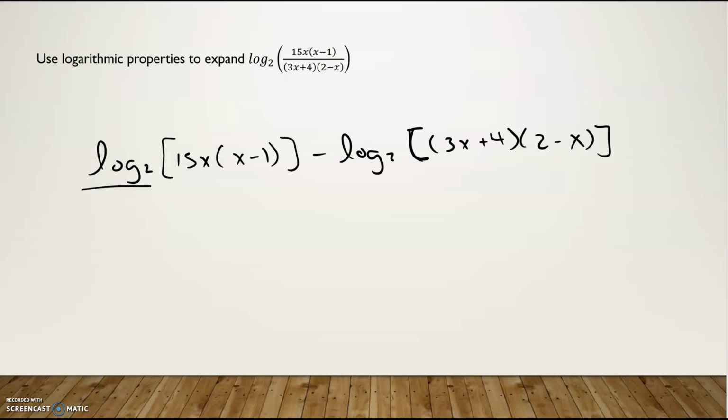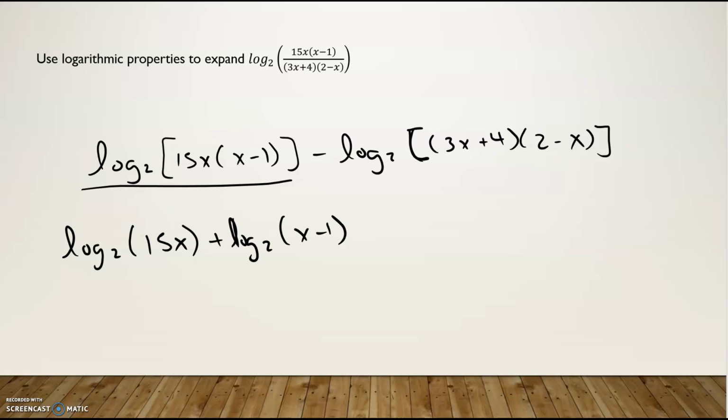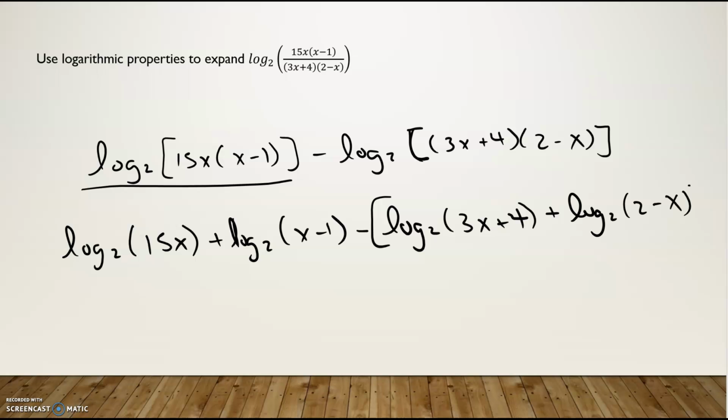And then inside this one, we have two things multiplied together. So that would be log base 2 of 15 plus log base 2 of x minus 1, minus log, and this is going to be minus this whole thing, base 2 of 3x plus 4 plus log base 2 of 2 minus x.